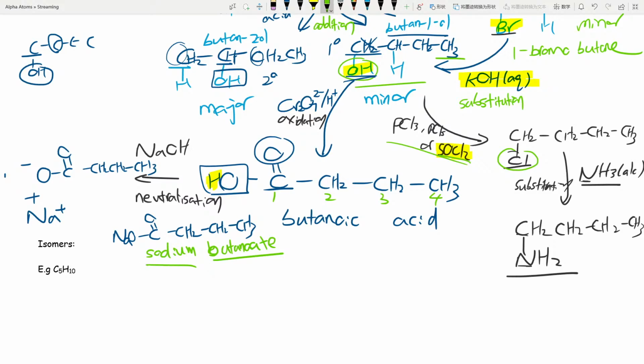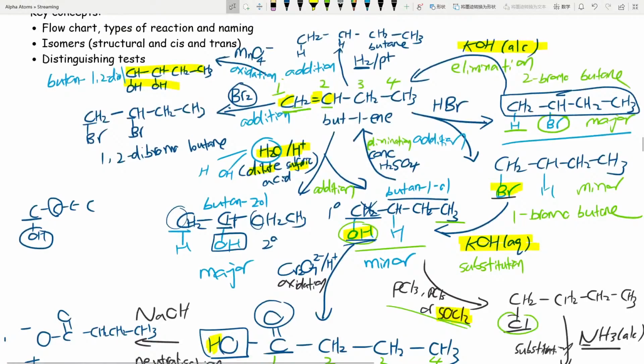Now there are some parts of the flowchart that I probably would have missed, but this is how you can revise. If you want to challenge yourself a little bit, start with a molecule like I did. Start with an alkene. Don't make it a 6 carbon or 7 carbon alkene. Just start with something simple.